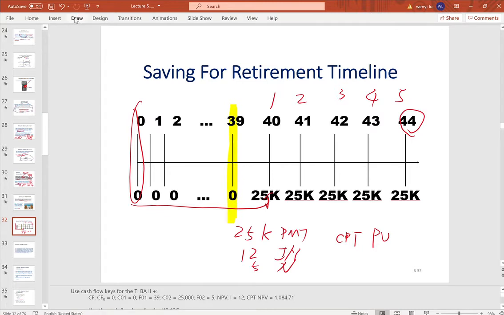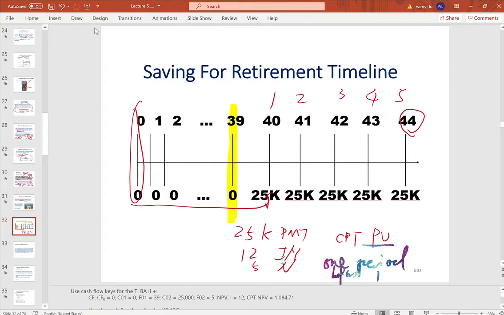When you do the discounting process, you can only get the discounted value of multiple future cash flows at one period before the first payment. Please write this down. You can only solve the present value one period before the first payment.